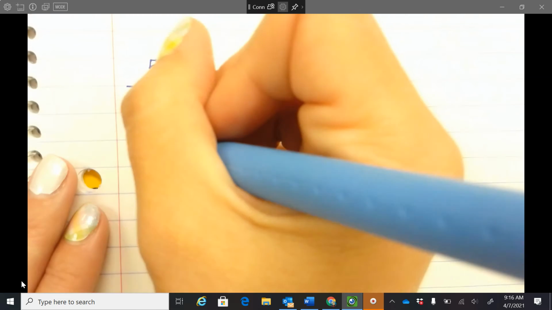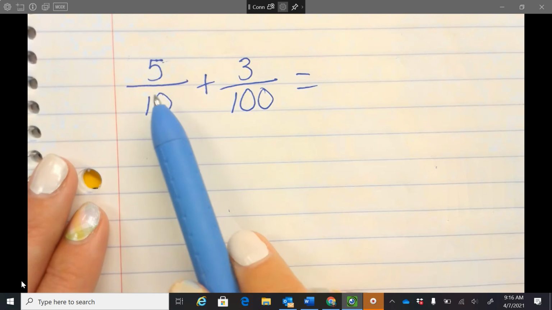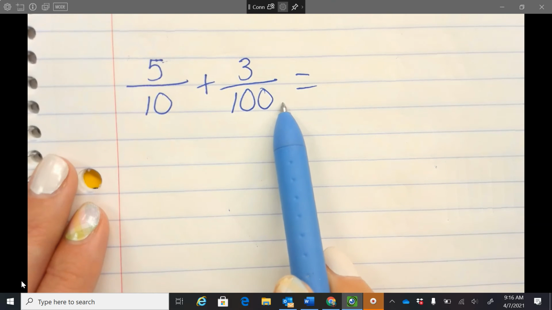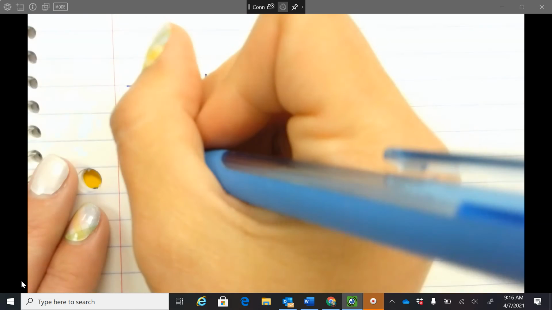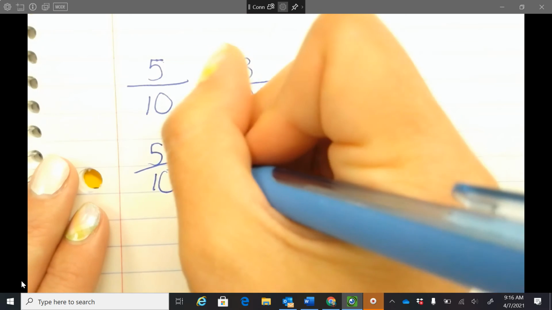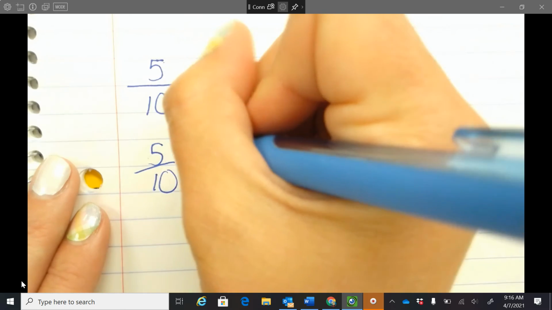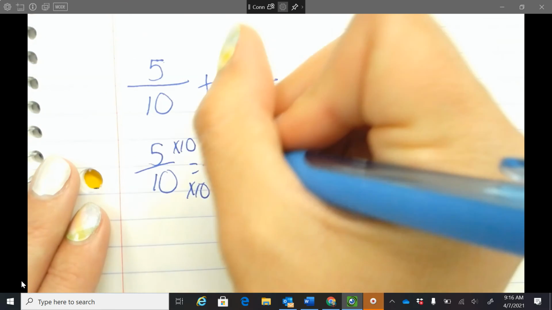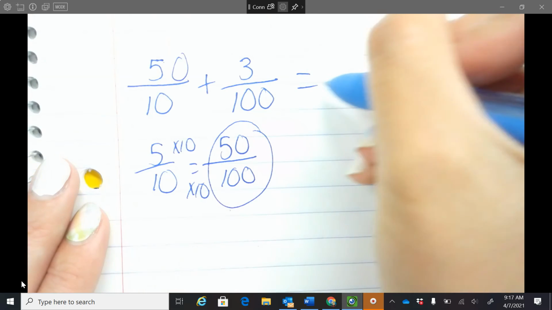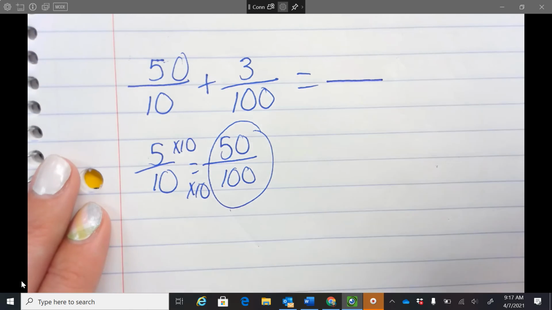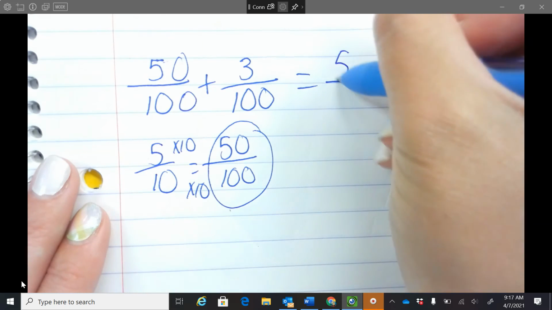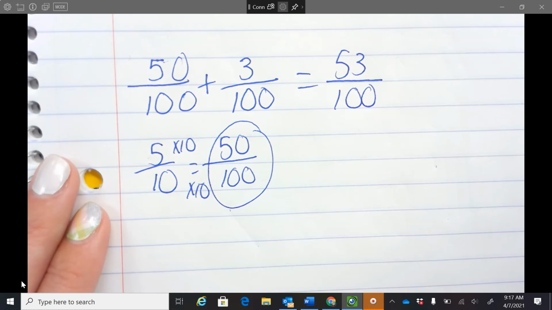Okay, make them have a common denominator. Is it easier to change the tenths or the hundredths? The tenths. 5/10 needs to have a common denominator of 100. So this would be 50 hundredths. So what would be our answer? 53 hundredths. Perfect.